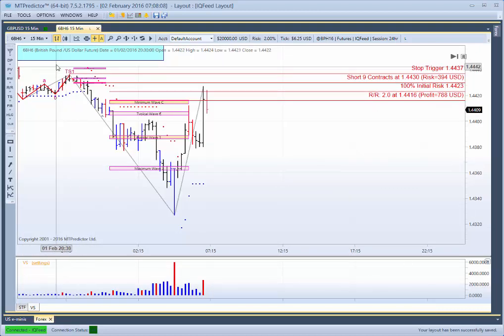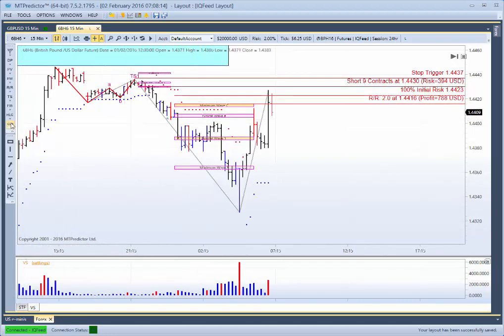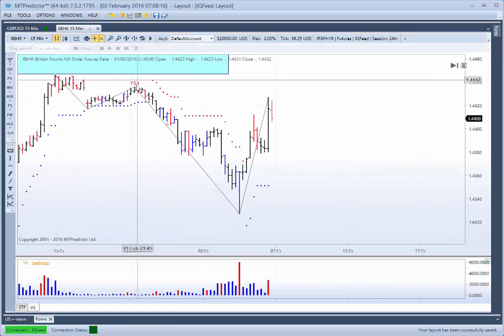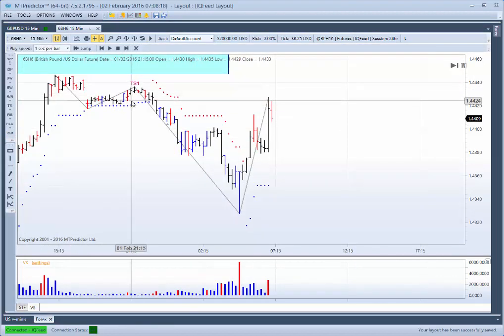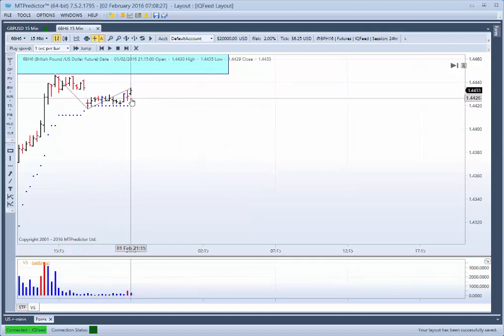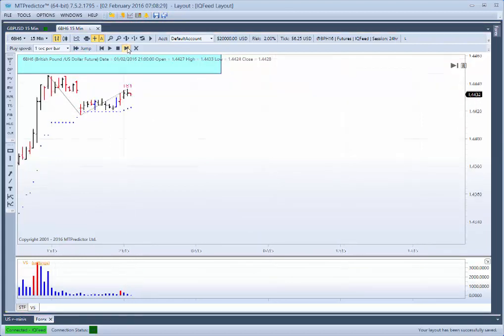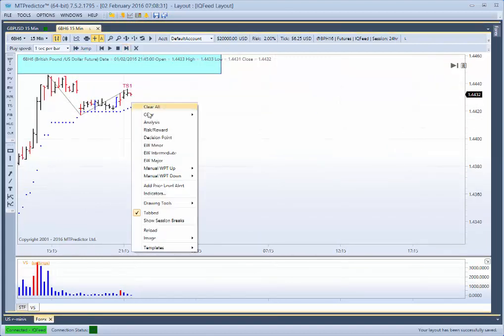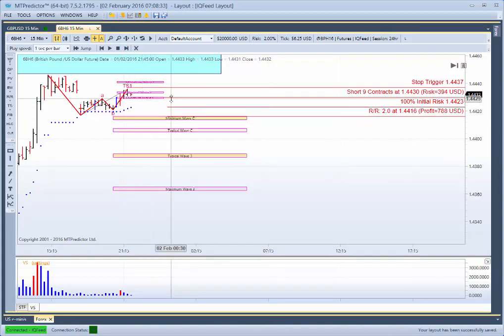If I scroll in a bit, can you see how once we're entered there, the market got nowhere near the stop? And in fact, if I just use our training mode very quickly to show you that there was no worry about having double tops with this, if I jump back to here, it's a lot clearer setup. There we go, go forward. There's our TS1 sell, place the analysis on. There's our entry level.